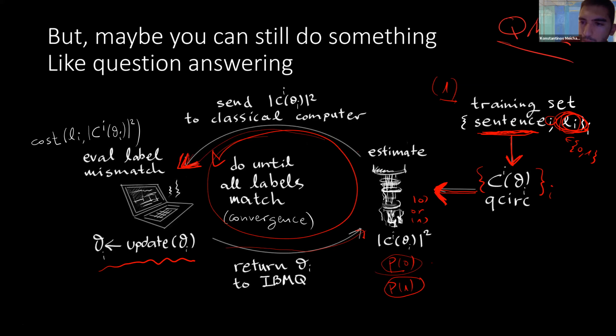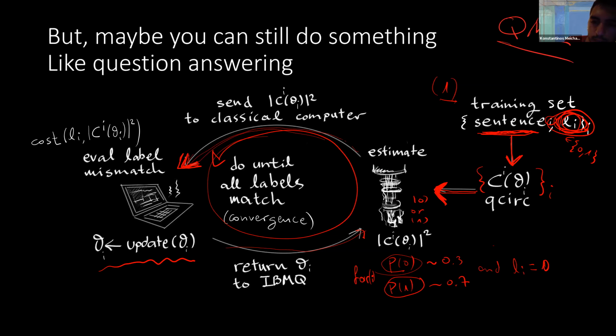If it matches, if say this is very high. So let's say this is 0.3 and this is 0.7, but for sentence I, and it happens that the label of sentence I in the training set is 1, then you're happy. But if it was 0, you're not happy because it mismatches.